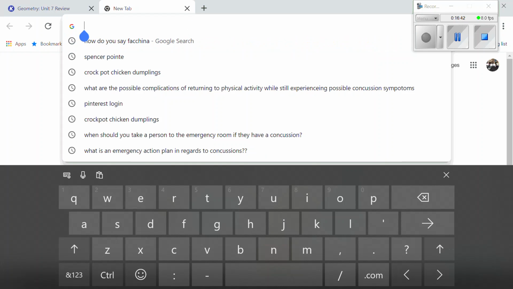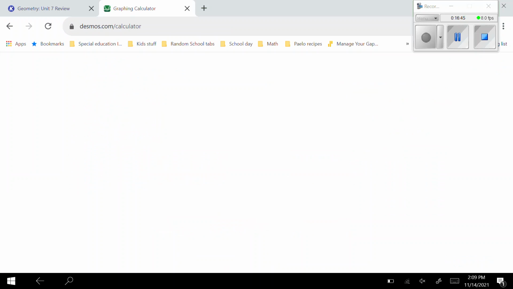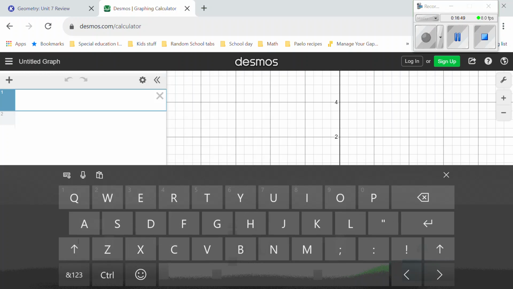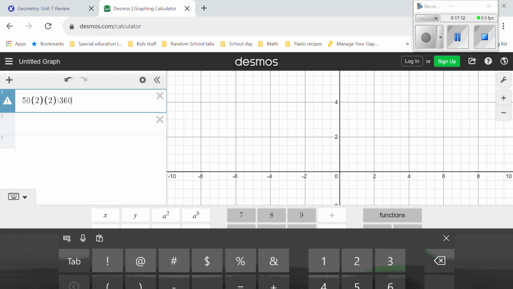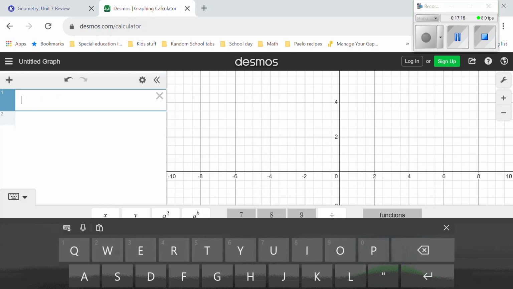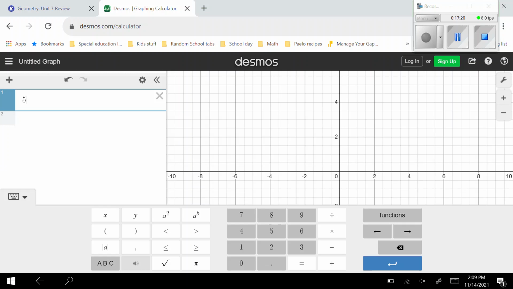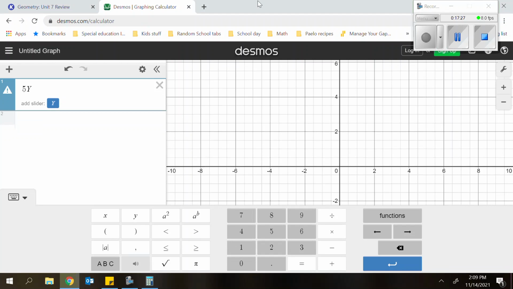You can, if you are on Desmos, when you're typing this in, 50 times 2 squared divided by 360.